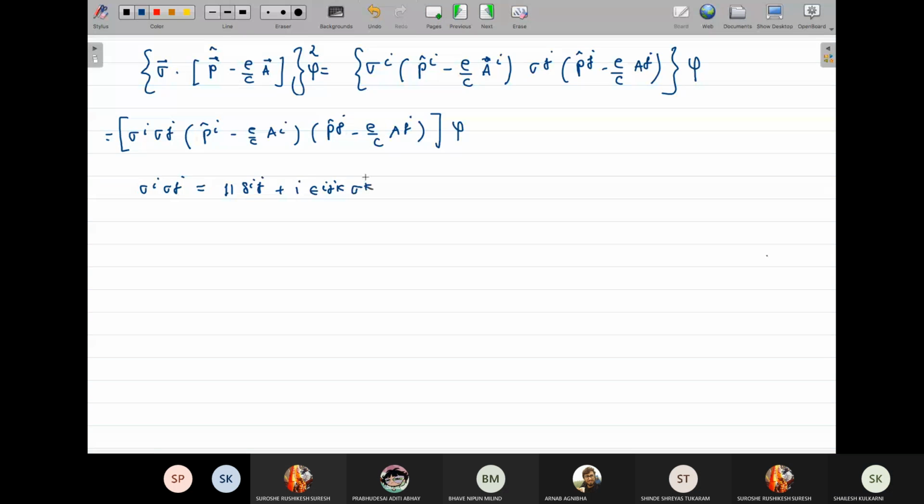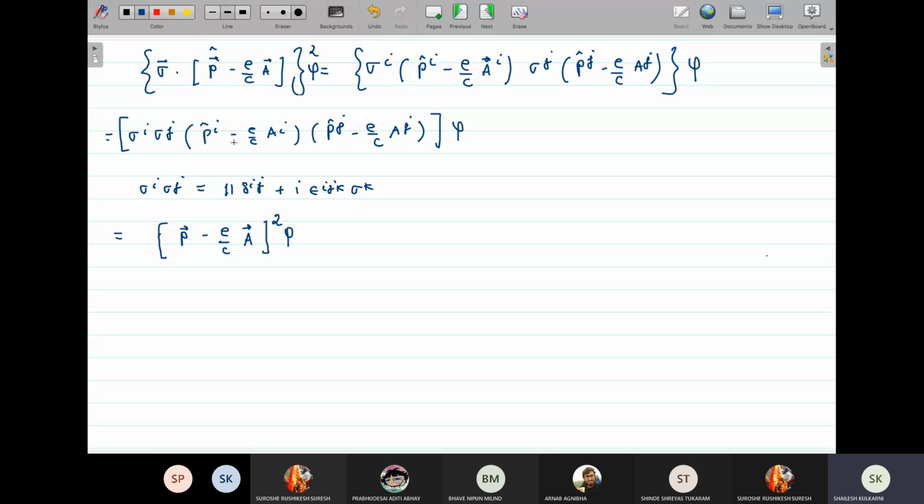If I use this here, I will get delta_ij plus this term. If I consider the term involving delta_ij, I will get this term squared. So the first term will be (p minus e by c A) whole squared acting on phi. Is this clear?